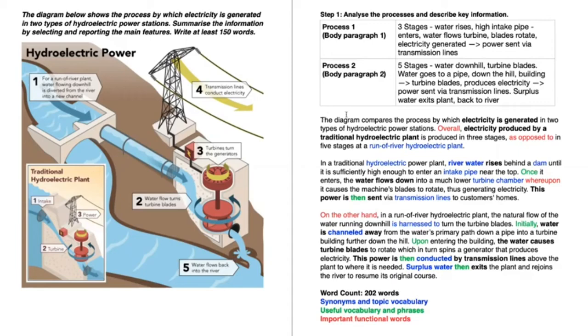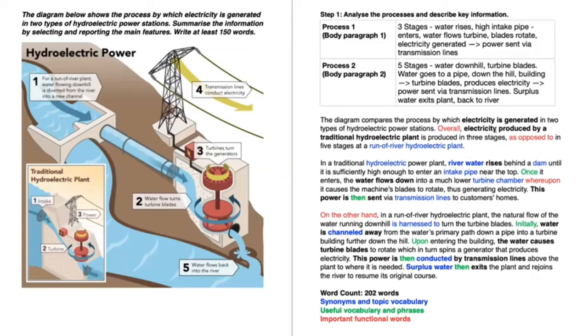We'll start here. The diagram compares the process by which electricity is generated in two types of hydroelectric power stations. Overall, electricity produced by a traditional hydroelectric plant is produced in 3 stages, as opposed to in 5 stages at a run-of-river hydroelectric plant.